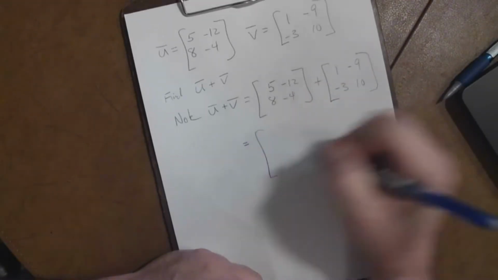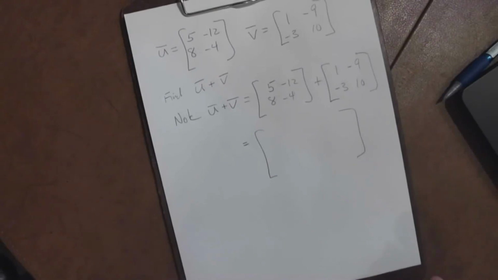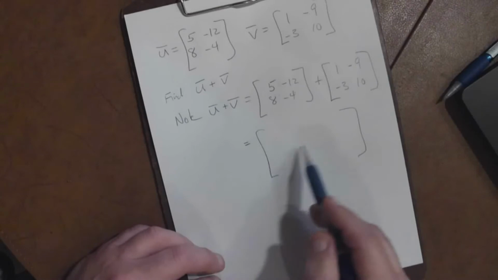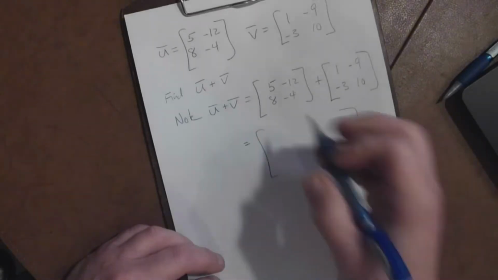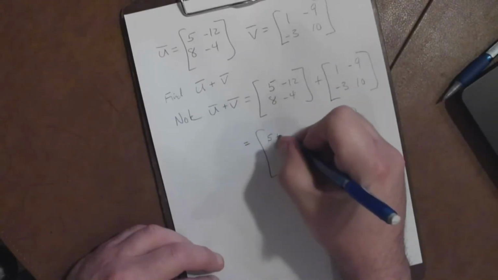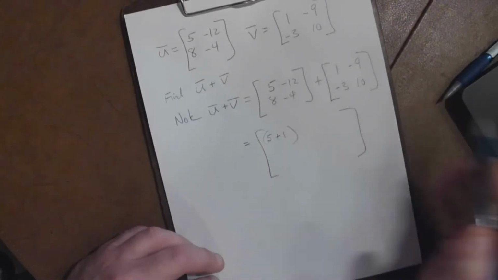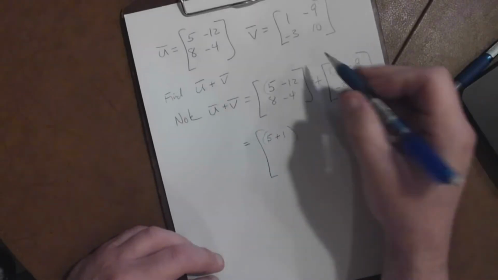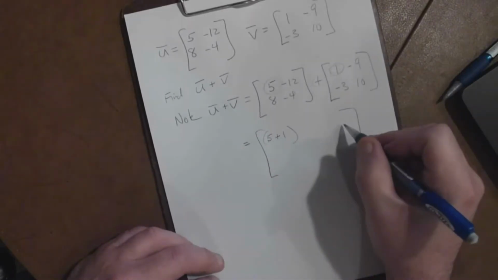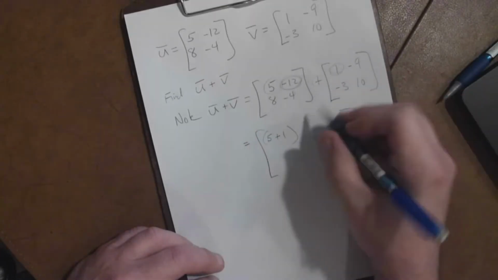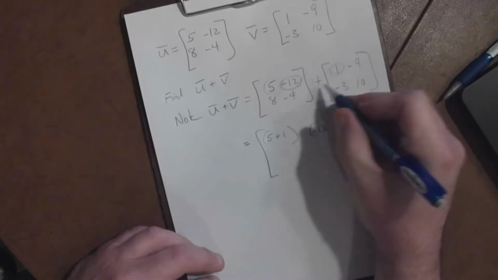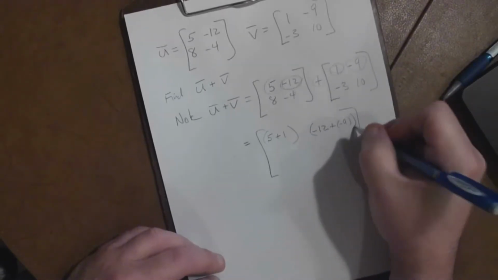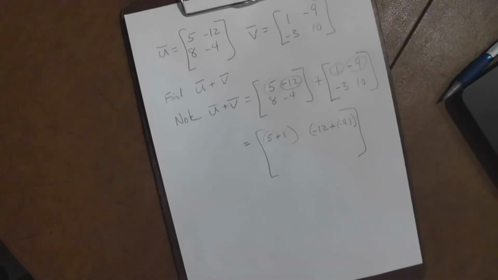Here we are going to form a single matrix that is going to have 2 rows and 2 columns, where the first row and first column is going to be 5 plus 1 in value, that coming from this value of 5 added to this value of 1. The second column in the first row is going to come from negative 12 plus negative 9 in value. Now you do want to watch your signs in this process.